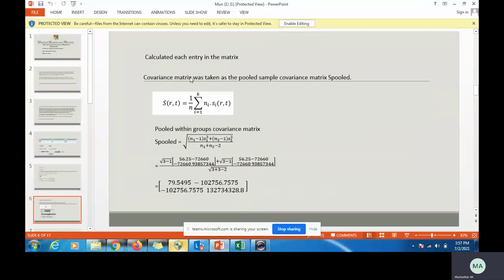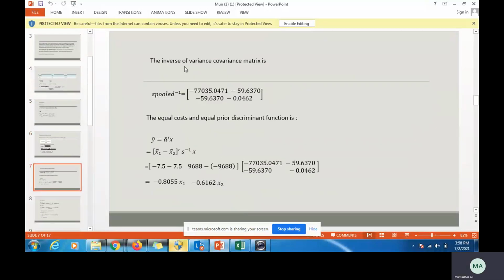The covariance matrix was taken as the pooled sample covariance matrix, S pooled, by using this rule, S pooled equal to 1 over N summation Ni times Si, the pooled within-groups covariance matrix. We calculate this pooled as n1 minus 1 times s1 squared plus n2 minus 1 times s2 squared, divided by n1 plus n2 minus 2.